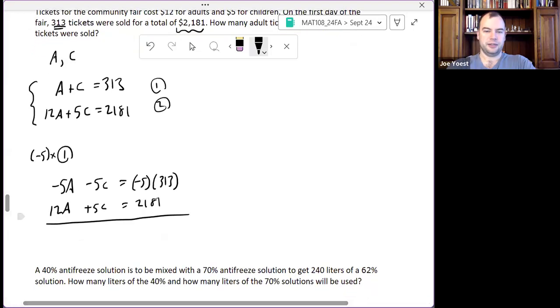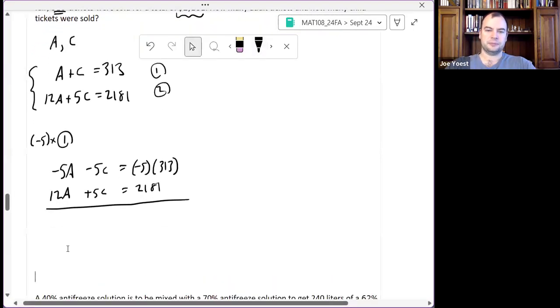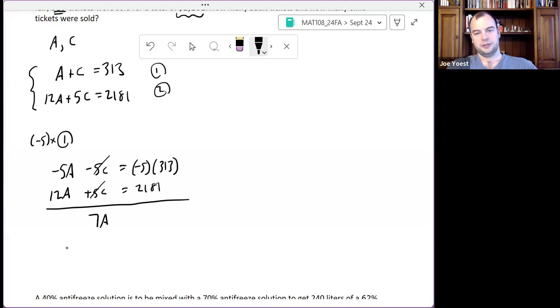And then I add them together. I see minus 5C plus 5C, my C's go away. 12A minus 5A is 7A. And this is 2181 minus 5 times 313 on the right-hand side. And let's do this.